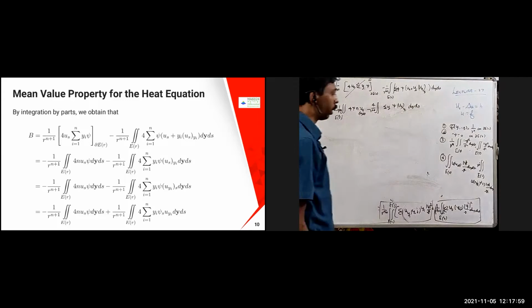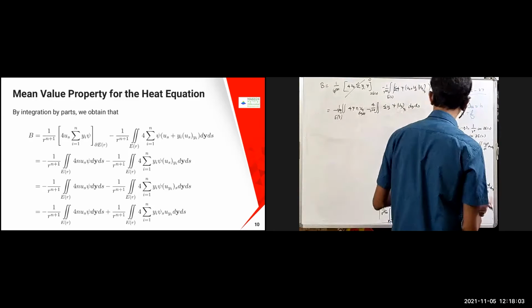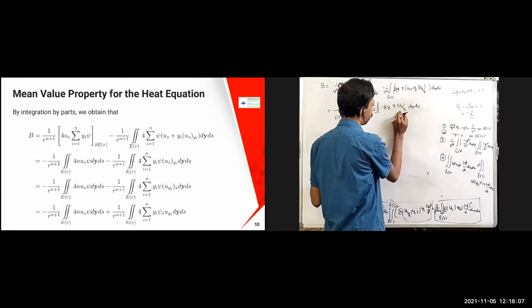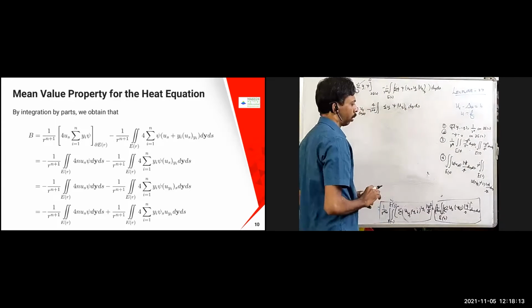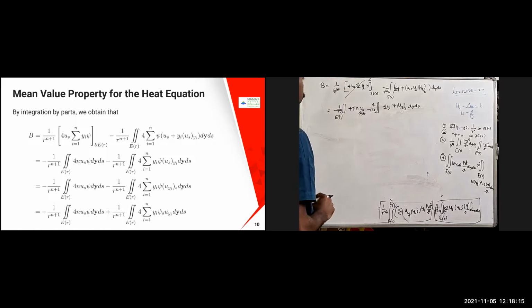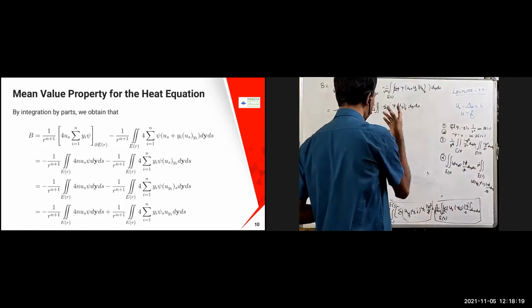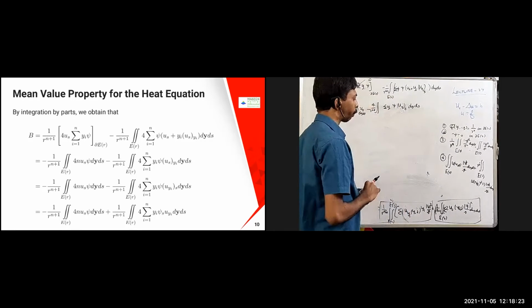Once again, I'm just going to assume that the partial derivatives are continuous, therefore I can interchange this one. So I'm going to write it as yi into s dy ds, 4 yi uy ds. Our u belongs to c1 square, therefore this is valid. I can just change that, 4y s is going to come.